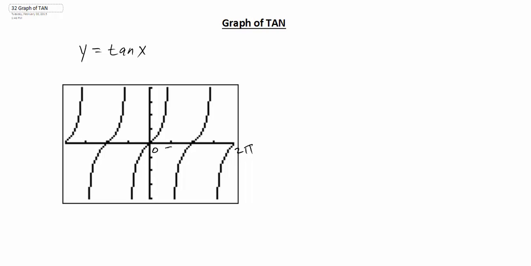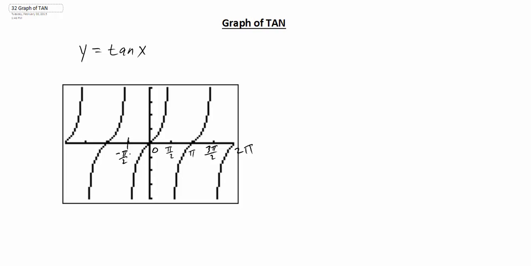So here this would be 0, pi over 2, pi, and 3 pi over 2. So notice what's going to be the period here, and of course it may be easier if we go back here and actually look, and this would be at a negative pi over 2.